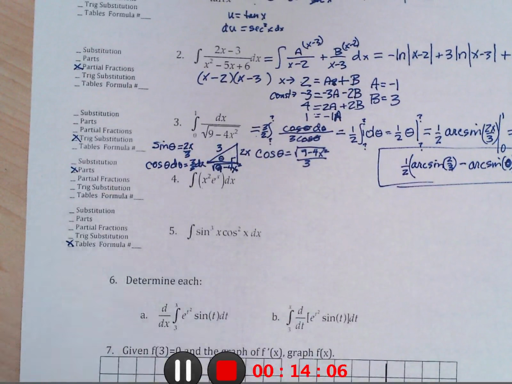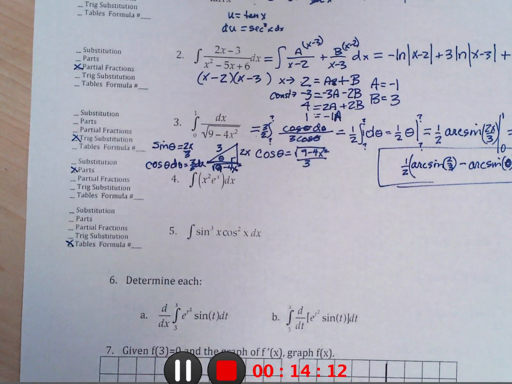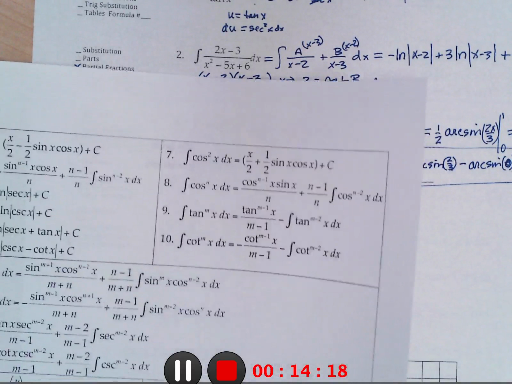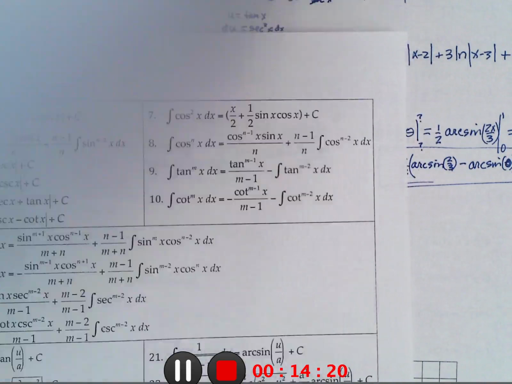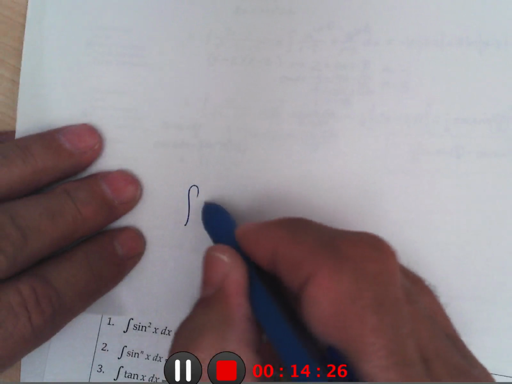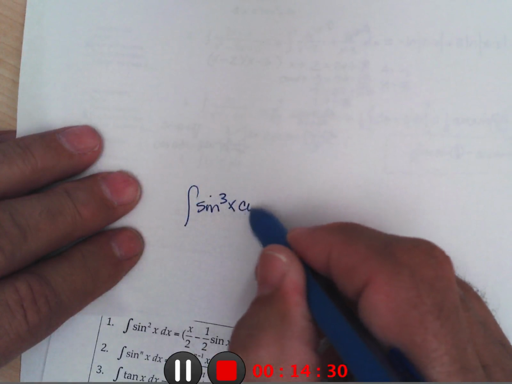And I'm going to pull up the table here, and I'm going to see if I can get this so you can see it. Let's write on the bottom of this page, it's the integral of sine cubed x cosine squared x dx.